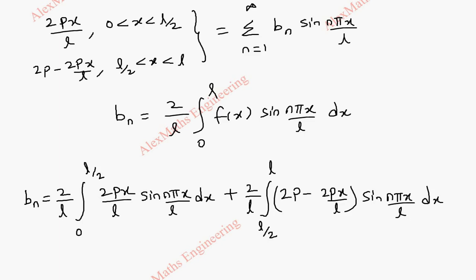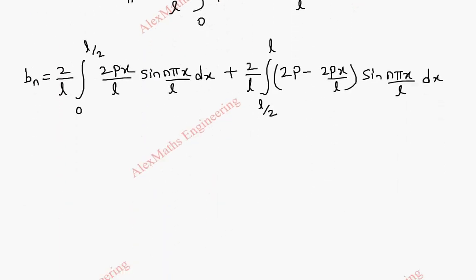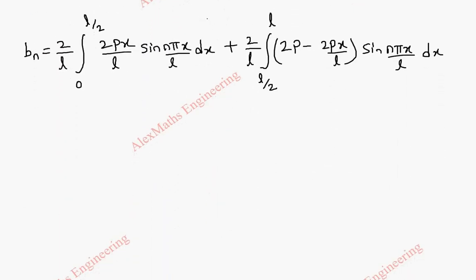So we are going to use Bernoulli's formula. Here this is u and this is v, and I can take 2px by L as u itself, because here also we have the terms 2p and L everything.